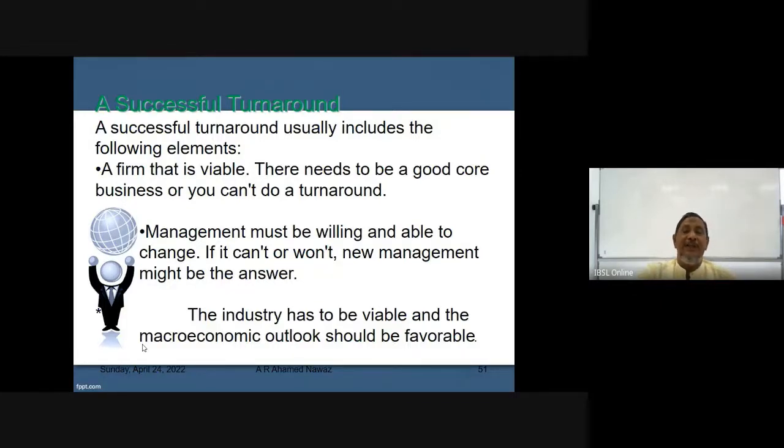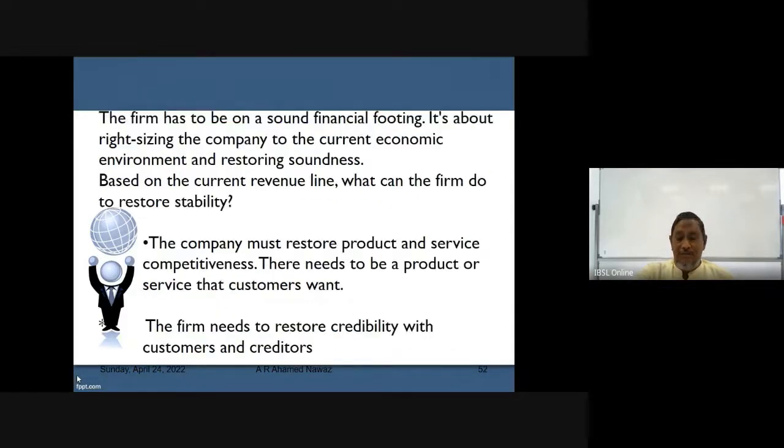The firm has to be on sound financial footing. It's about right-sizing the company to the current economic environment and restoring soundness.